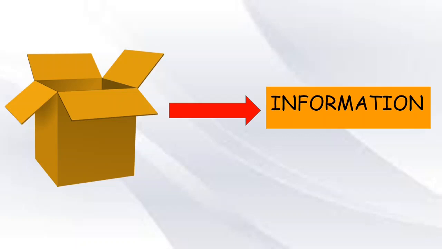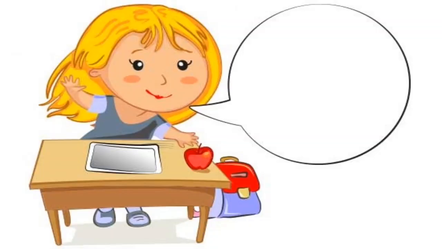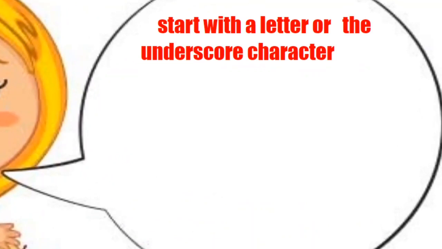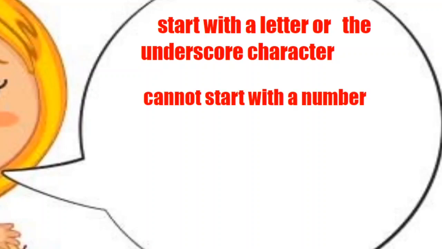But before writing a variable, we have to follow certain rules, and that is: the first rule is to start with a letter or the underscore character. Then, it cannot start with a number.